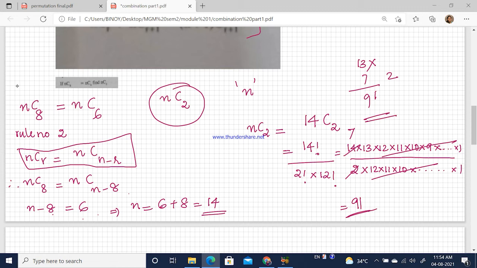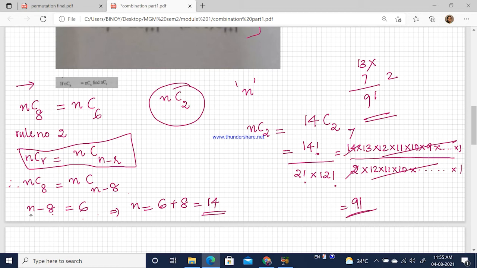So you were given a question: if NC8 is equal to NC6, then find NC2. NC8 can be rewritten as NC(N minus 8). Whatever we are given in NC8 will be equal to the denominator of NCR.